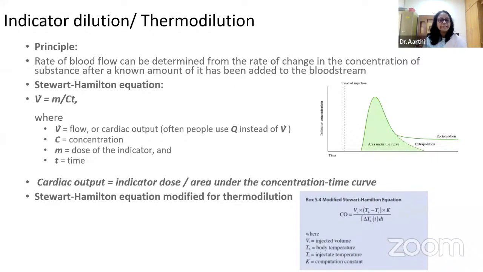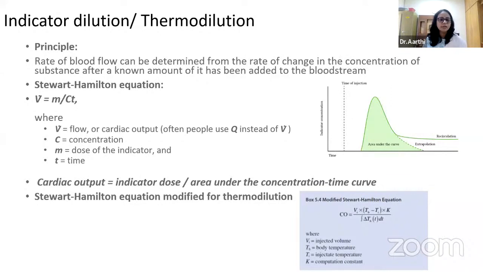Coming to the indicator dilution or thermodilution. Whatever the methodology, they can either use a dye, or they can use a saline, or a cold saline, which assesses the temperature change, or a dye, which uses the concentration change of the indicator.